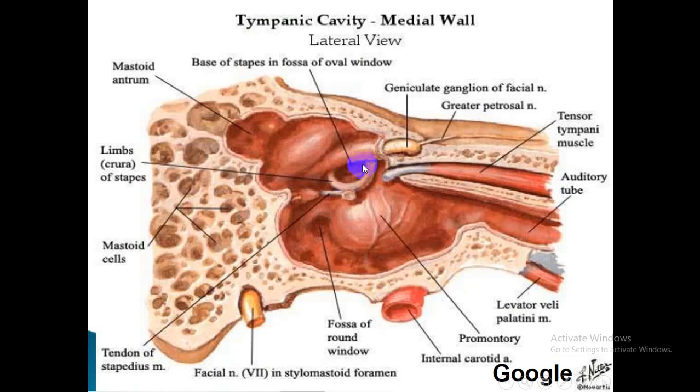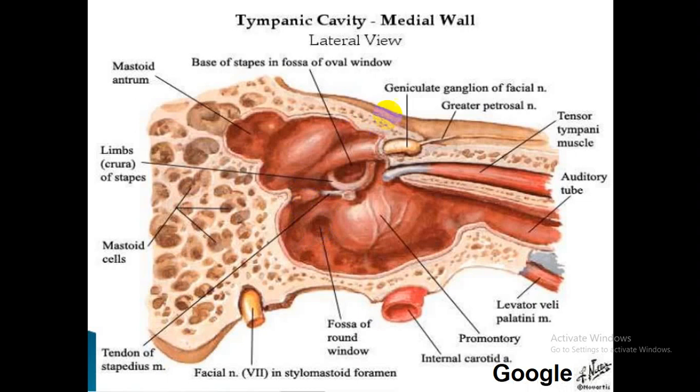Okay. Now فإذا هاي first opening. Below the promontory is the round window واللي راح أسميها fenestra cochleae. This round window is closed by membrane.